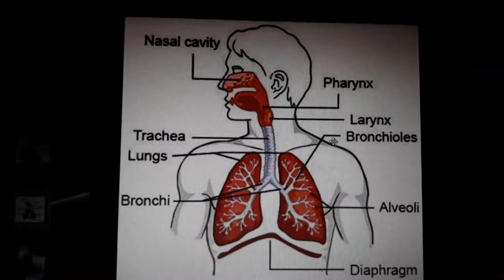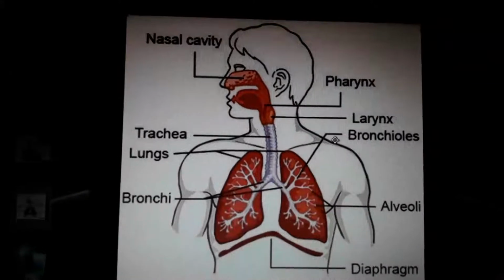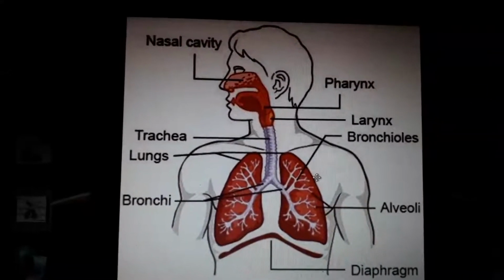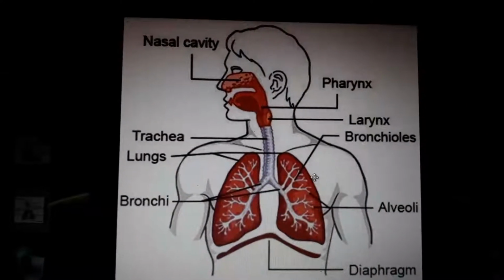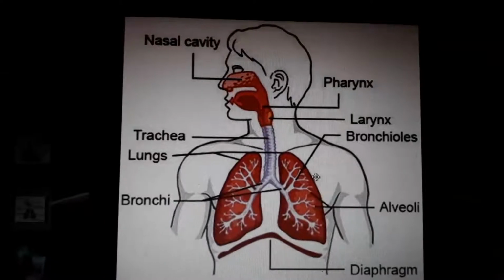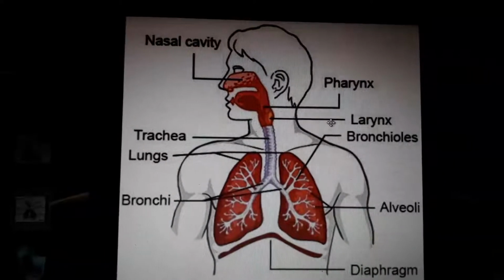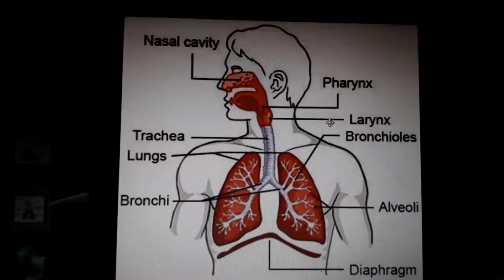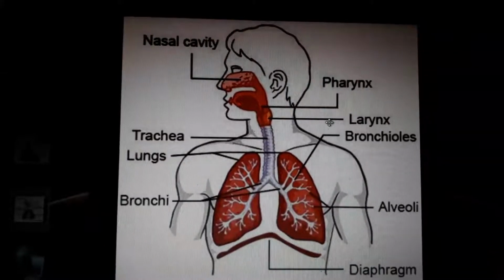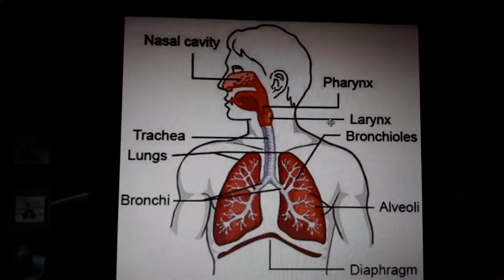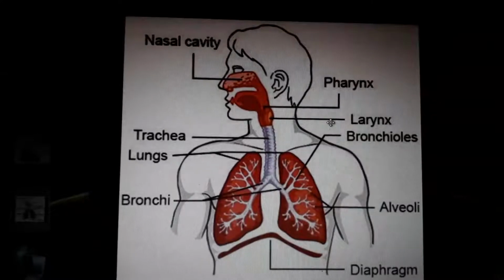I will explain with the help of the board and all. So why am I showing this diagram? Because the diagram in your textbook is not that perfect, and it is difficult to understand with that textbook diagram. Also, I am not very expert in drawing.